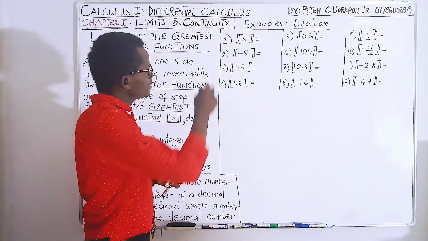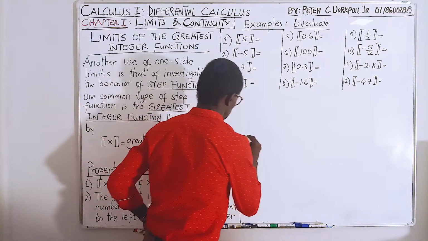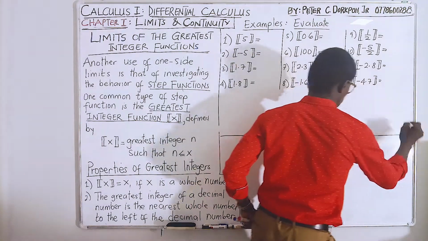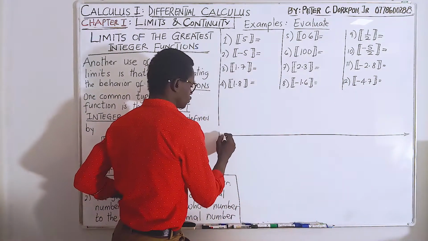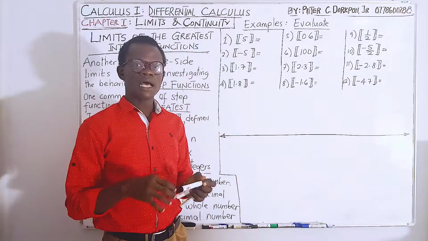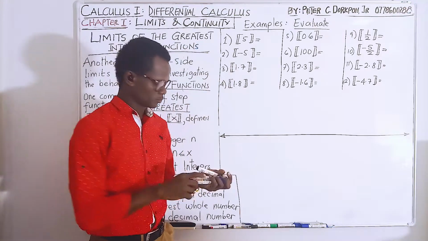But before we do these examples, let's draw the number line. It's important to draw the number line because it guides you in identifying the greatest integers that we want.